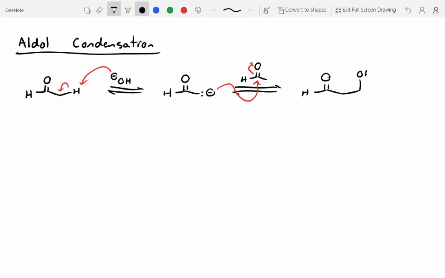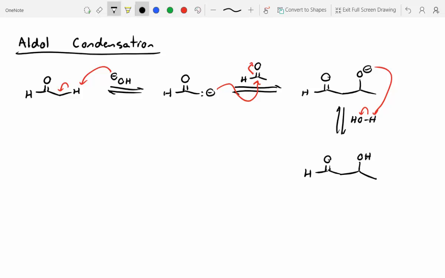Oops, sorry, this oxygen should have a negative charge. And then we've got our methyl group sticking out there. And we know with water around, we can protonate this alkoxide in order to get our final alcohol.